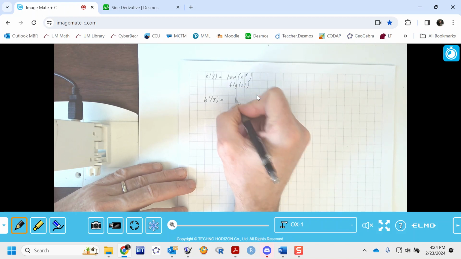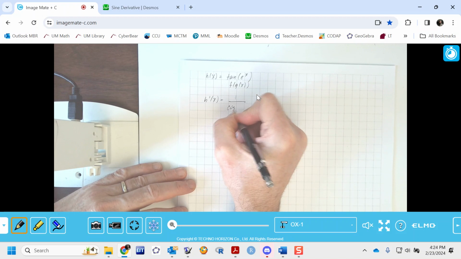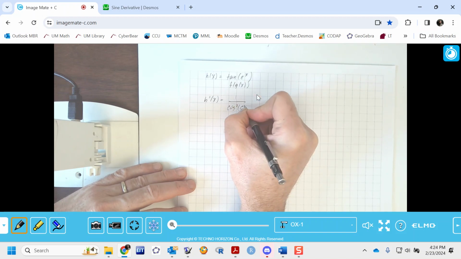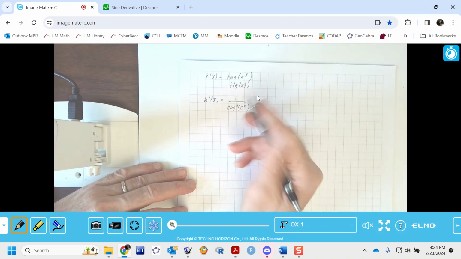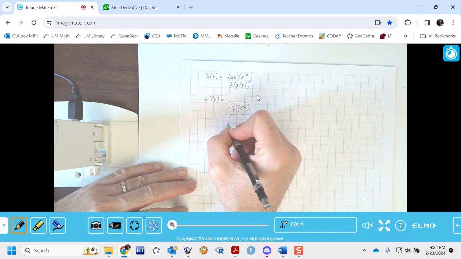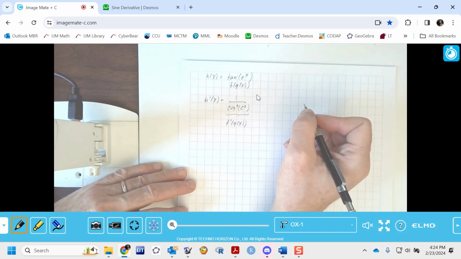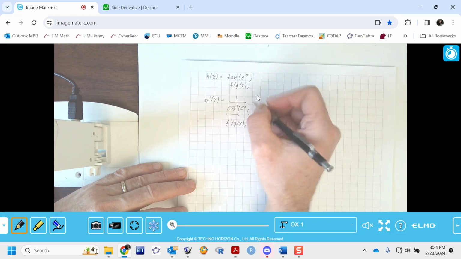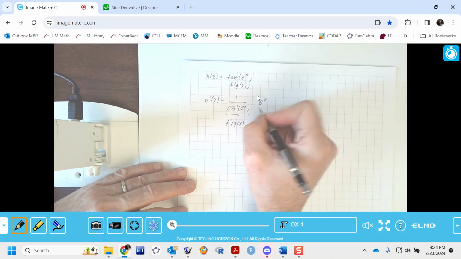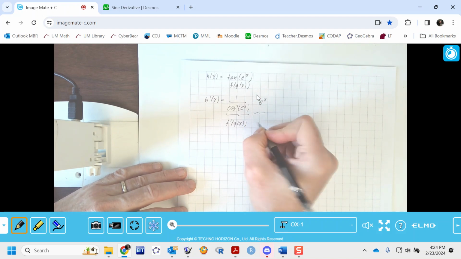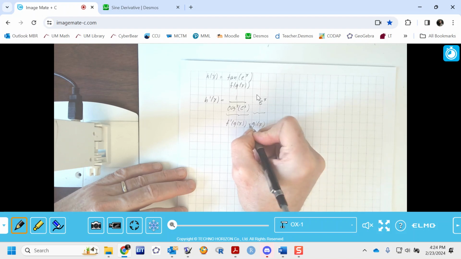Derivative of the tangent is 1 over the cosine squared, leaving the argument as e to the x inside. That piece is the first part of our chain rule. It's f prime of g of x. And then we multiply that times the derivative of the inside function, which is just e to the x. So that piece is just our g prime of x, right?